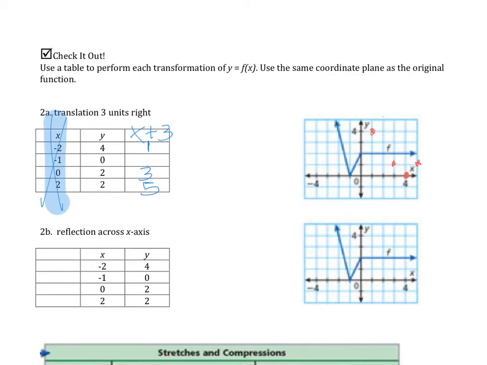Made an error here. Negative 1 plus 3 is only 2. Let's see if I graph these right.